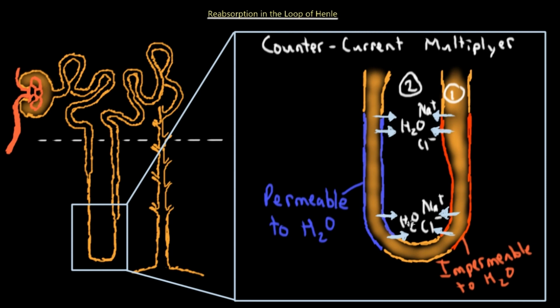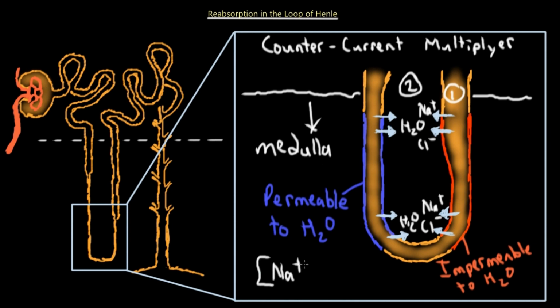And the reason for this happening is because this is going to be considered the very bottom of the medulla, right? So everything that goes below here is going to be the medulla. Now the further down you go in the medulla of the kidney, the more concentrated you're going to have of the sodium and chloride solutions.